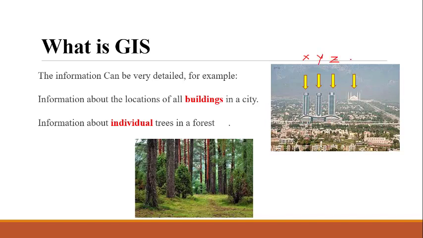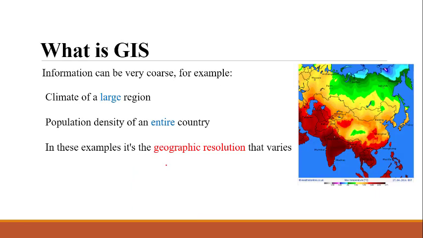And if you want to see the individual information of forest trees, for example the information of every tree, it might be a pinus tree or a different kind of tree. You might want details about the diameter of the tree, the height of the tree, and the health of the tree. So this can be detailed information which can be utilized in a GIS, or it can be coarse information, like this.